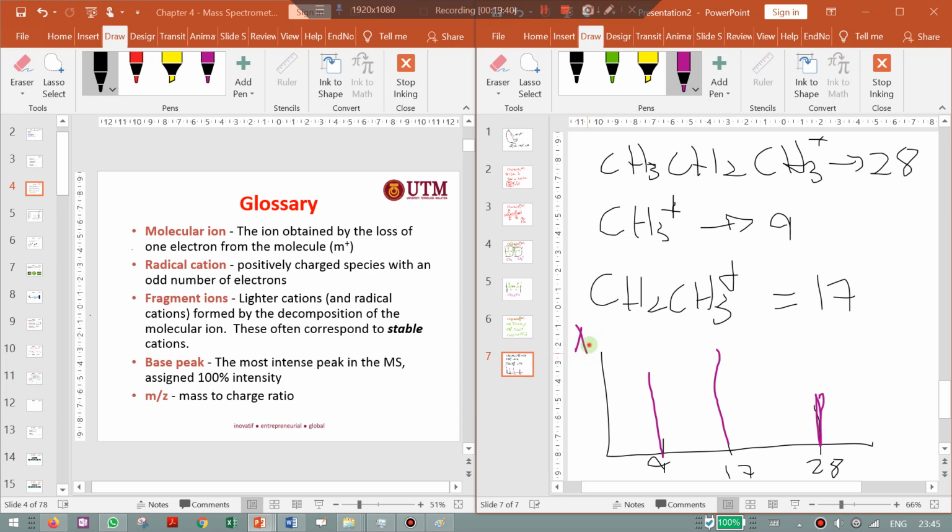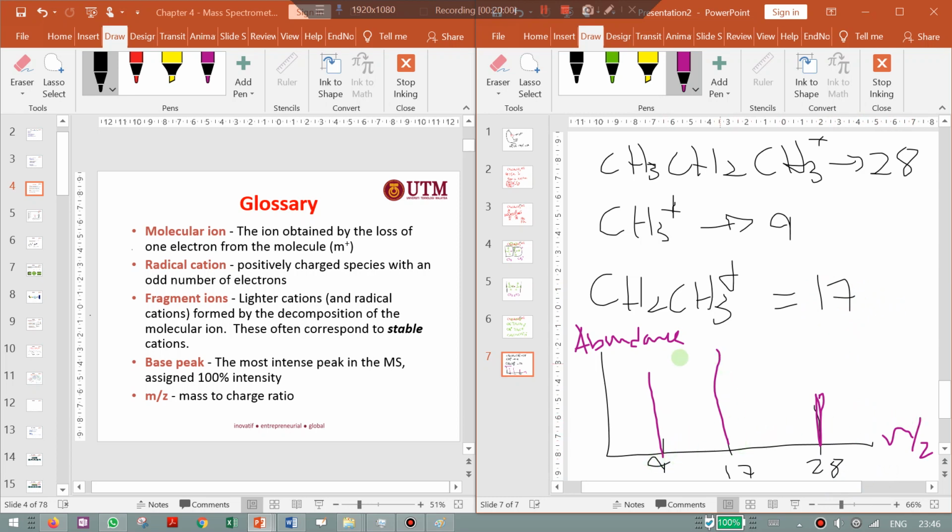Here is abundance, and here is the m/z ratio. m/z refers to the mass to charge ratio, as you can calculate here: 6 plus 3 is 9, and 6 plus 6 plus 2 plus 3 is 17.